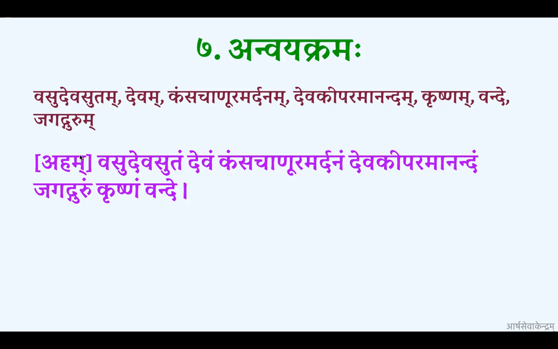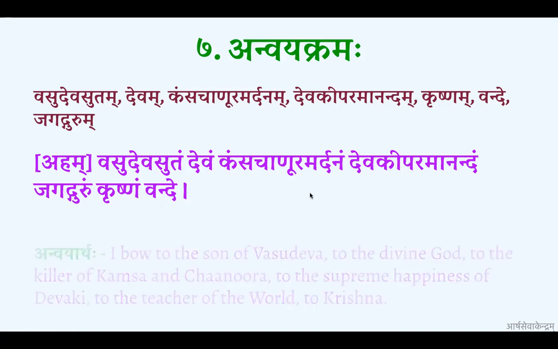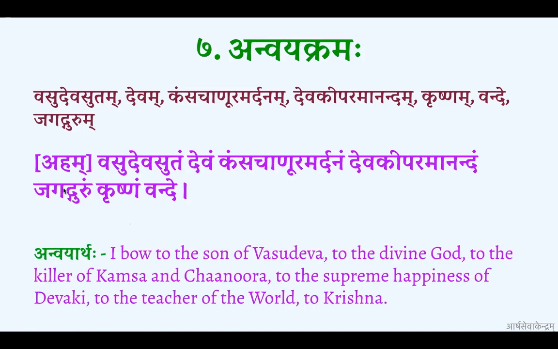Kriya at the end, karta in the beginning, all the visheshanams together, placed before the vishesham, etc. This form, as we have seen, is easier to understand. Then we can write the very specific meaning associated with this form of the shloka. So I bow to the son of Vasudeva.